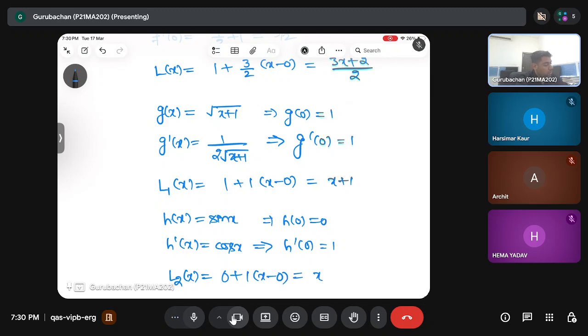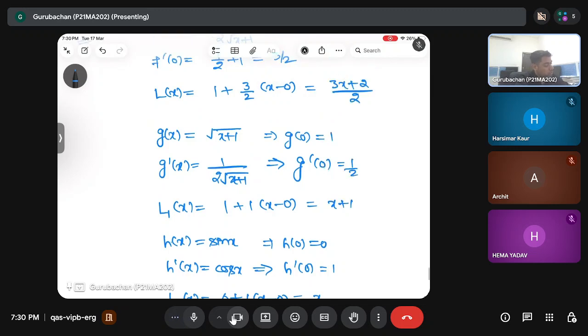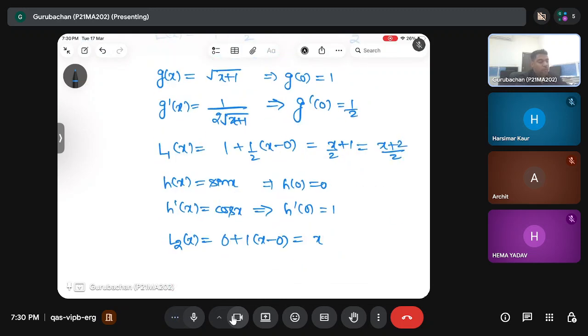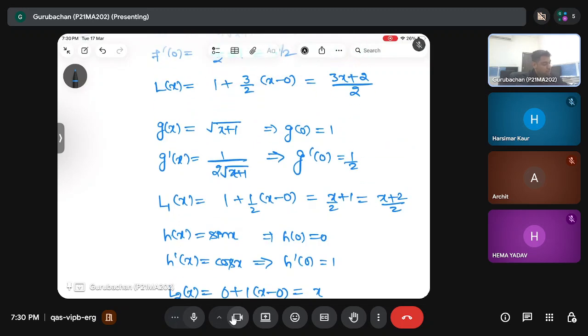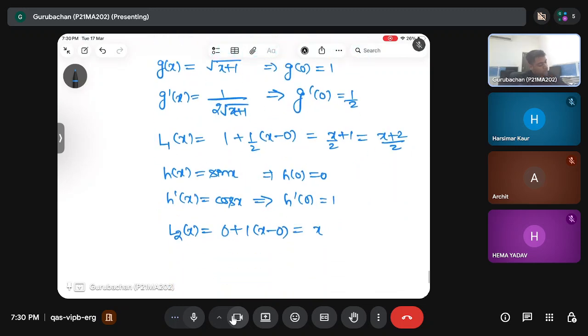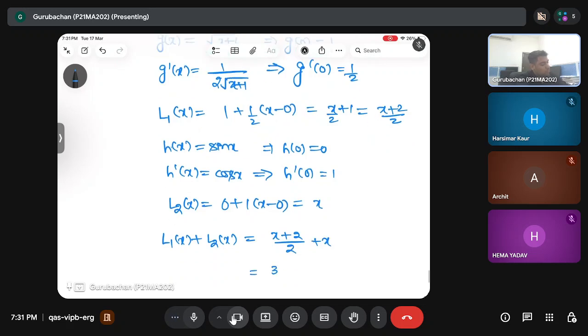So if you check L1(x) plus L2(x), if you sum them up, this one plus x, this will give you (3x plus 2) divided by 2, which is nothing but L(x).